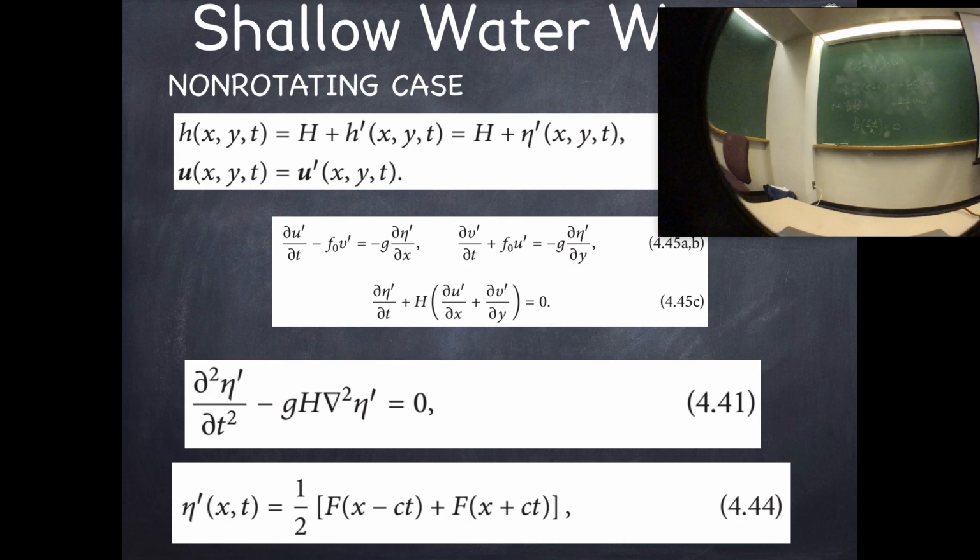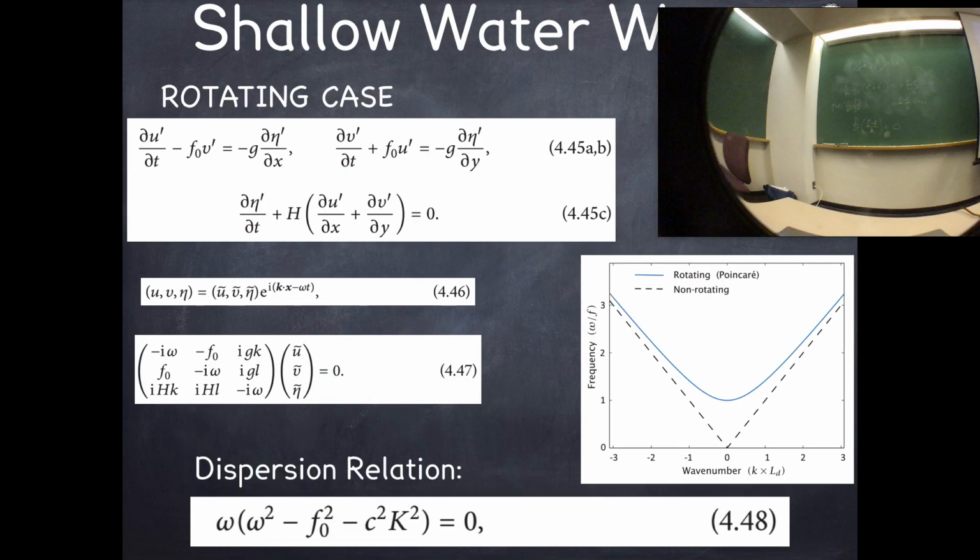What if we keep a little bit of rotation? It's going to be a slightly different problem. It's actually a much more finicky mathematical problem if we don't throw away this term and the Coriolis terms. We still want to do a linearized system because we want waves. But the way you get at a solution is you assume a plane waveform e to the i(kx minus omega t). So it has a spatial variation, like sines and cosines in x and y, and then a temporal variation with a particular frequency.